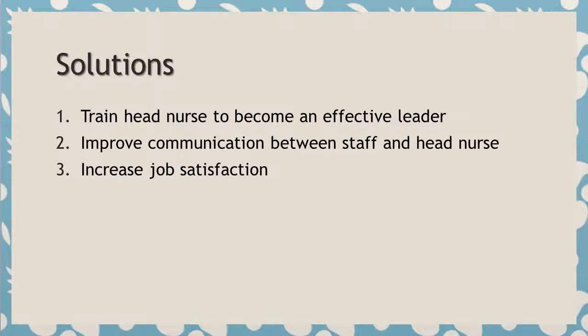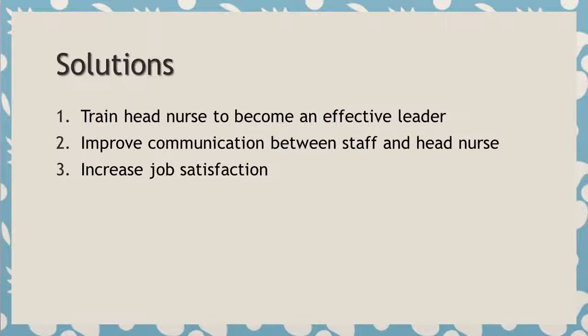So three solutions to these problems include training the head nurse to become an effective leader. This could be done by training the head nurse to be a democratic leader, so giving the staff a voice.